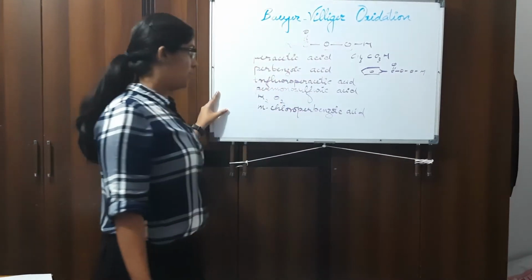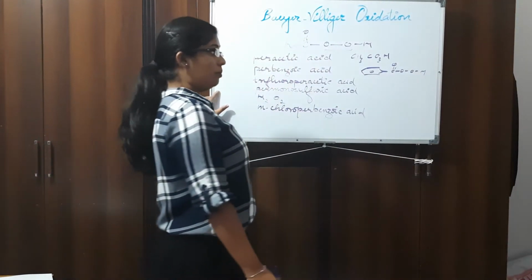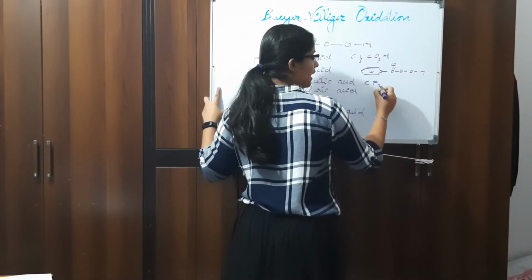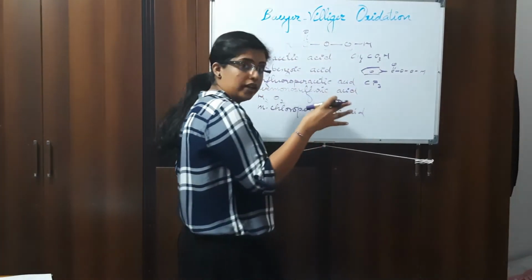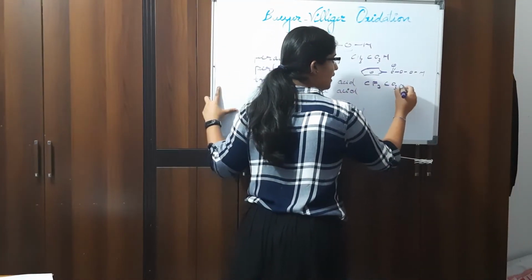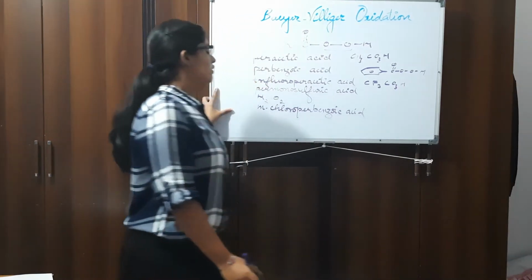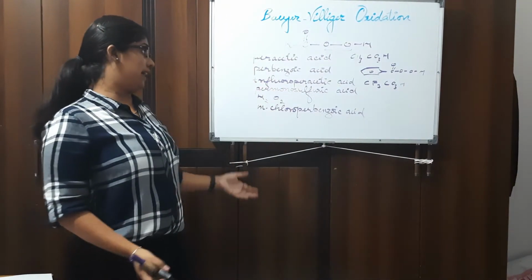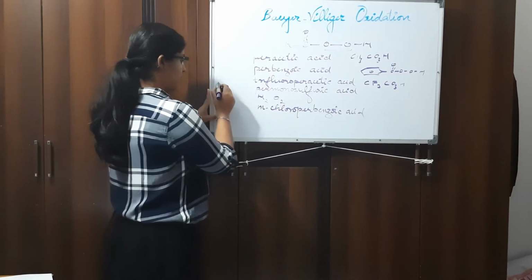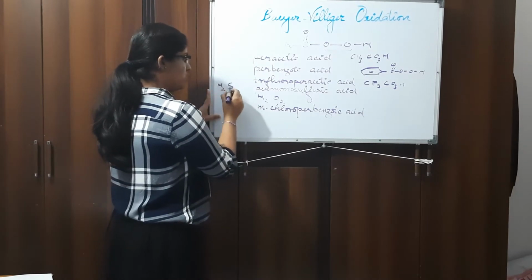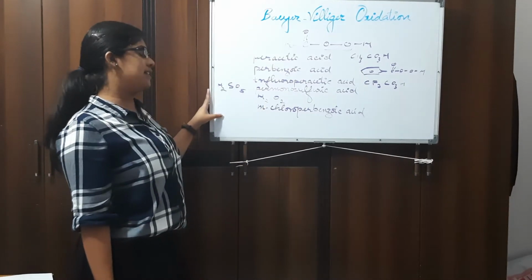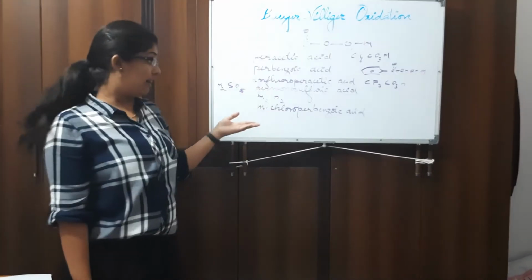Right. Perbenzoic acid. Trifluoroperacetic acid, which is CF3CO3H, where the 3 hydrogens are replaced by fluorine. Or we have permonosulfuric acid, which can be H2SO5. Instead of H2SO4, which is sulfuric acid, we have permonosulfuric acid, which is H2SO5.